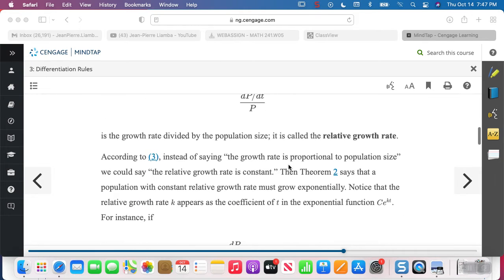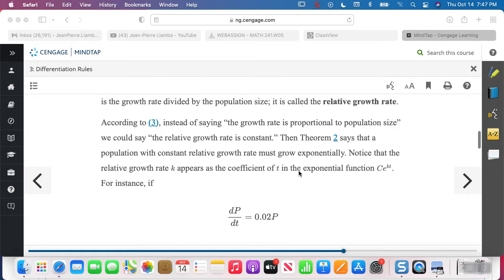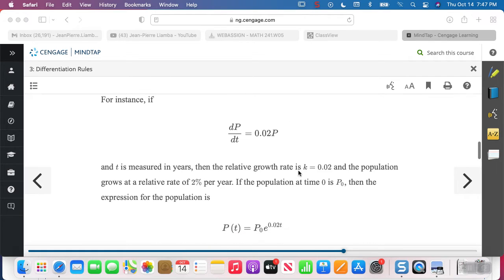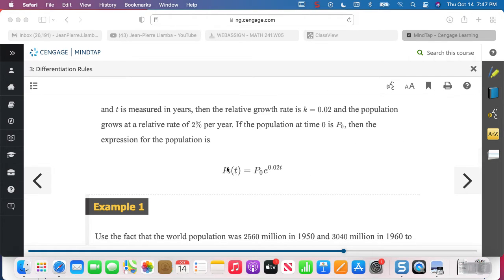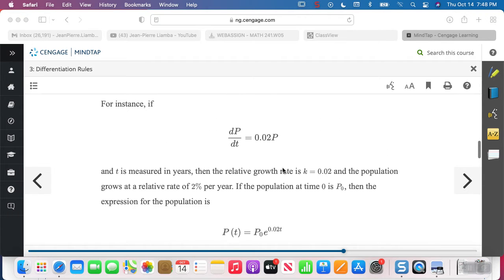Now, this is what we call a differential equation. So what is the solution of this differential equation? The solution is going to be an equation that gives us the population at a given time. Solving that differential equation is calculus one, so we don't really cover how to solve it here, but the solution is P of t equals P sub 0 times e to the kt.